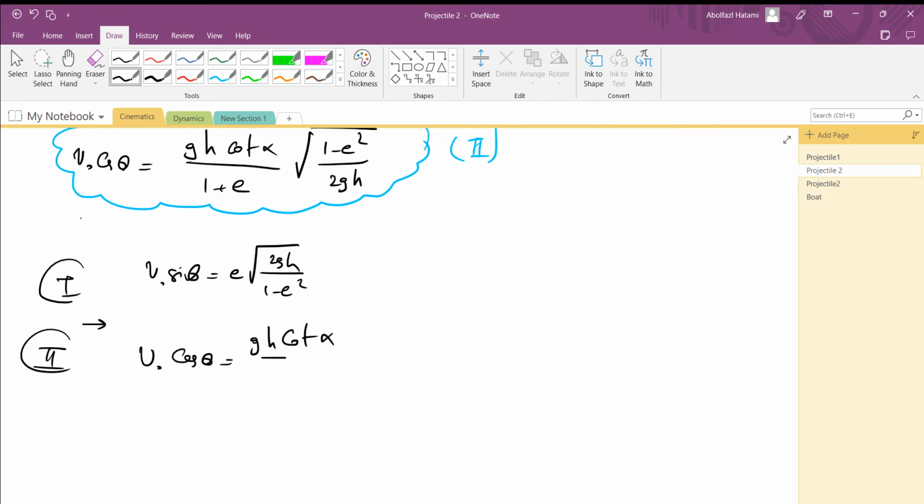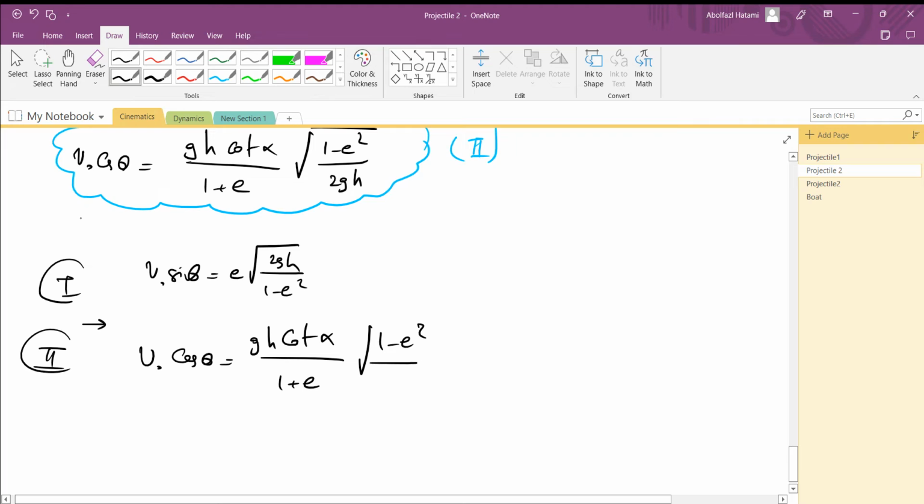And now we have two equations for theta and V0.